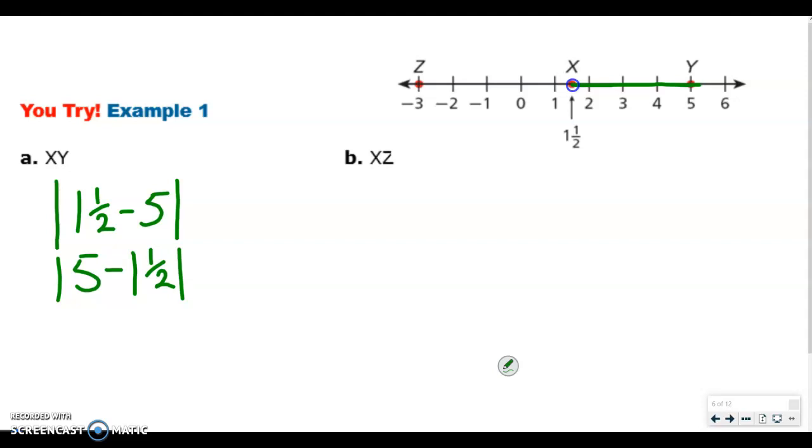Since it's inside absolute value, we're going to come up with the same answer either way. So 5 minus 1 1/2 would give us 3 1/2. And so our distance of XY is 3 1/2.